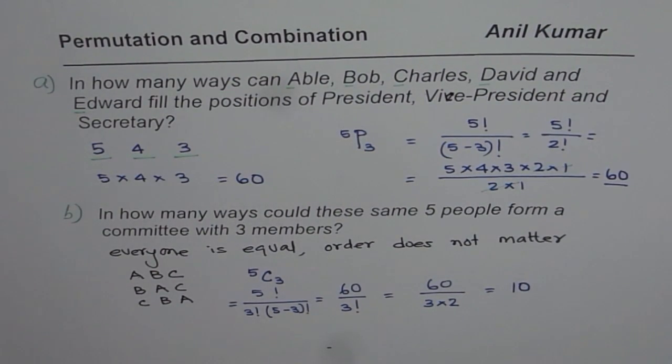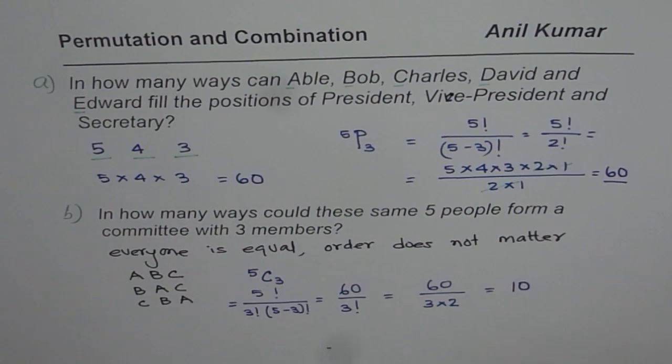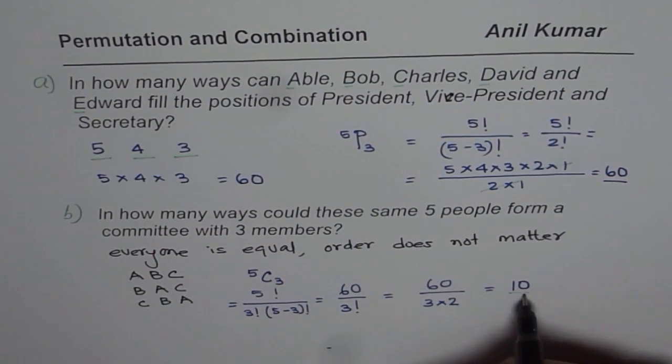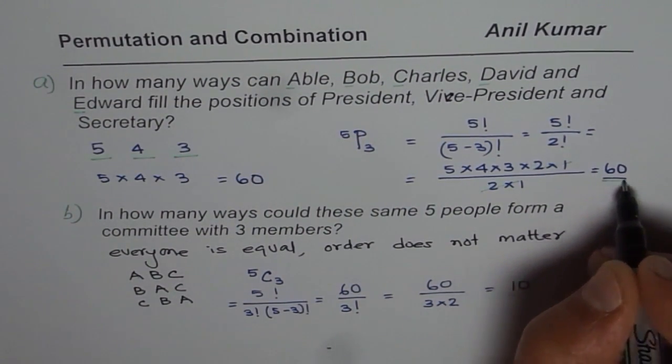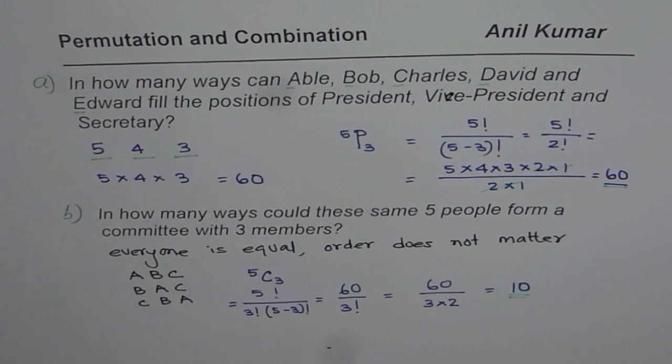So in part B, the number of ways in which 5 people can form a committee with 3 members is 10, correct? And I hope with this you understand how and when we should apply permutation and when we should apply combination and how they are related.